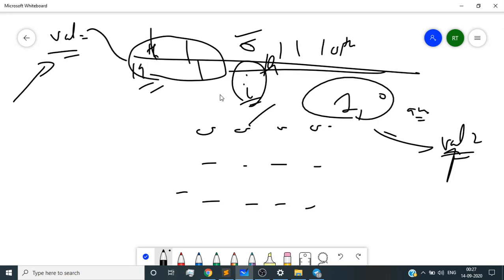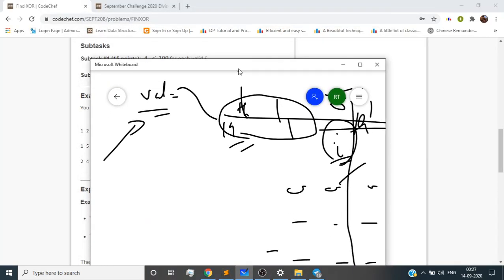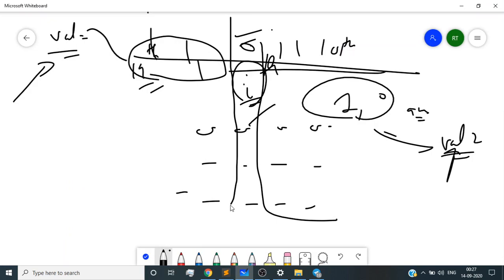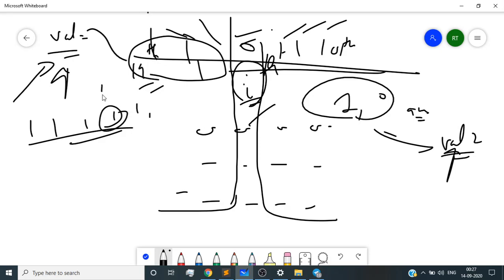Now, except for that ith bit, all the bits were 1 in this representation also. So the contribution from all the other bits would be the same as before, since only the ith bit changed.